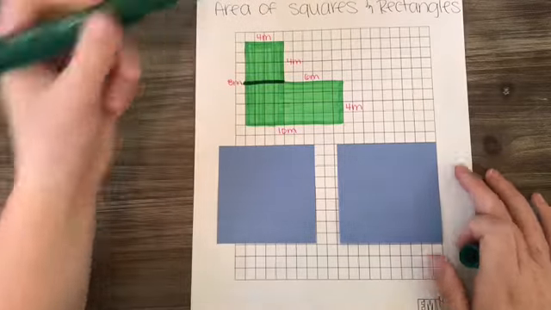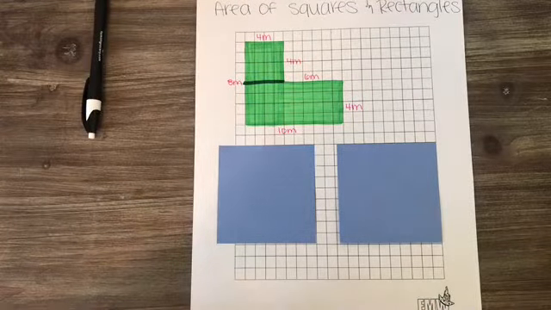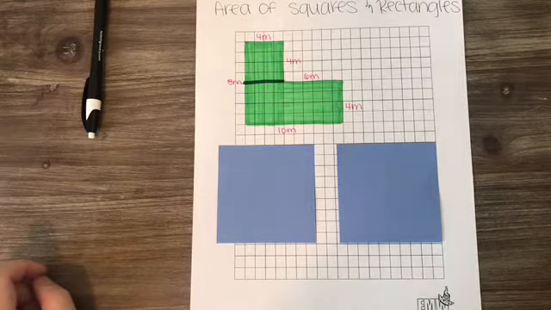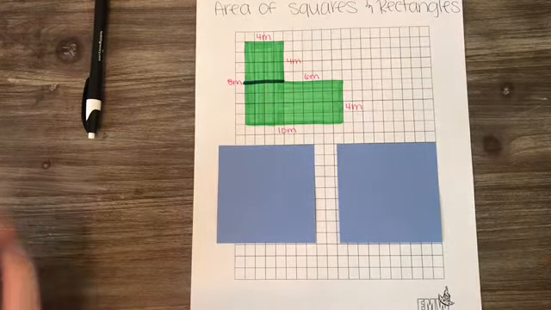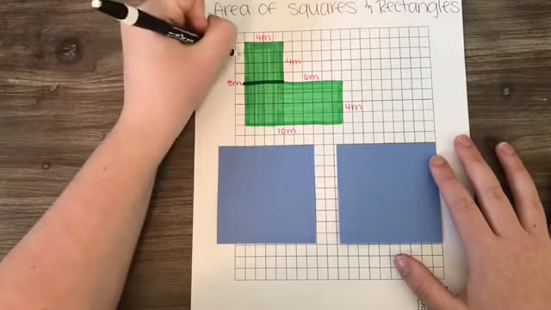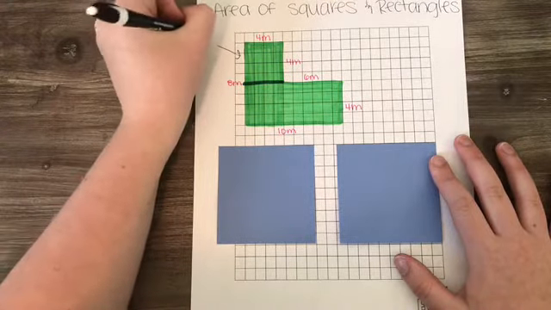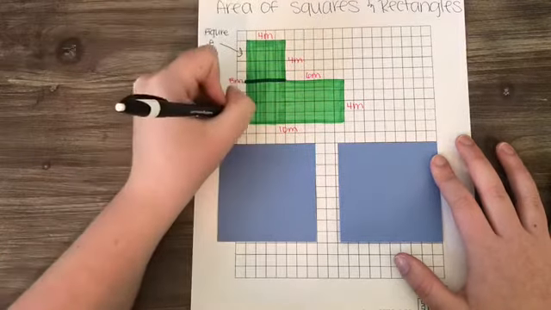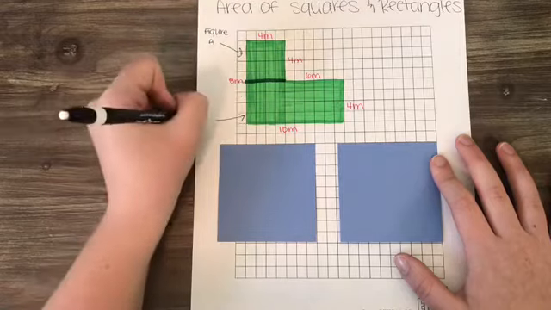Just like this, okay? And now what we're going to do is measure each of the two figures to find the area for the entire shape. So we have, let's call this guy figure A. That just kind of helps me be a little bit more organized.